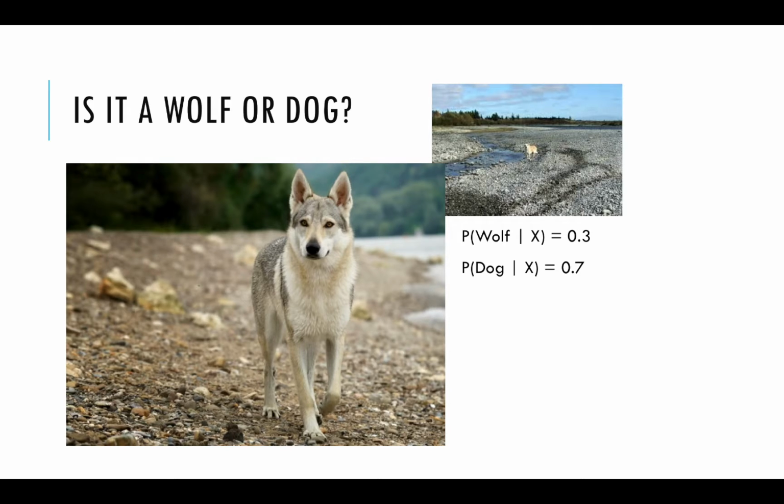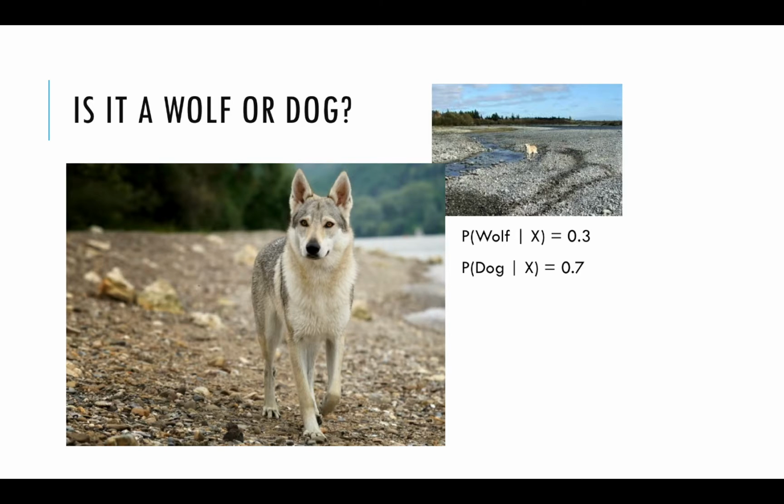So, based on all the information collected, the probability of a wolf given this animal could be 0.3, and P(dog given X) is 0.7.